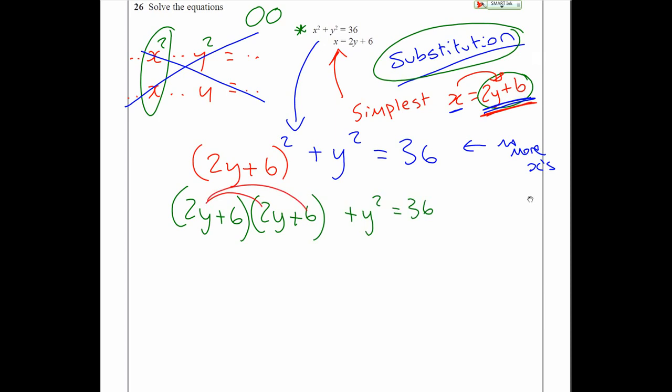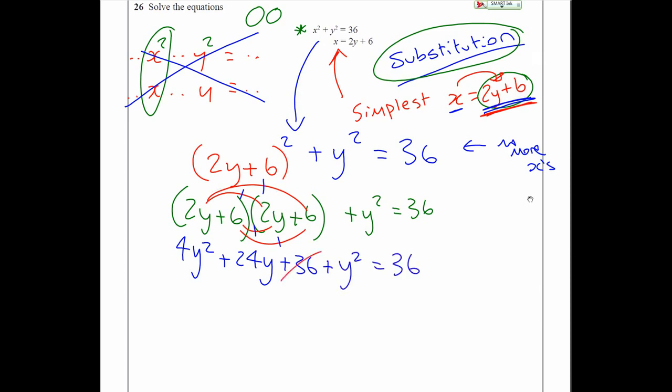Times this out. If you've got this far in the paper, you must be very good at algebra, so I'll do this as quick as I would normally do it. 2y times 2y, 4y squared. 2y times 6 is 12y. Add another 2y times 6 is another 12y. So that's 24y. 6 times 6, 36.